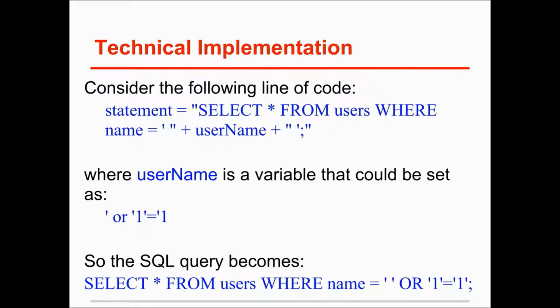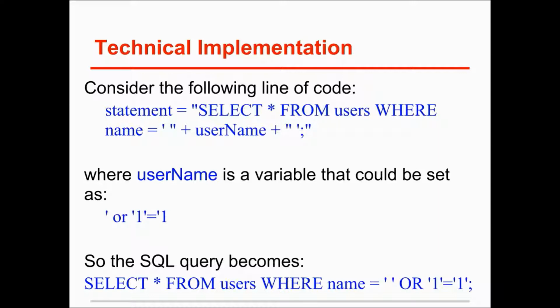So consider the following line of code, where the statement equals select anything from the table users where the name equals the variable username, and here the username variable could be set as blank or 1 equals 1. As a result, the SQL query will become select anything from the table users where username equals any random thing or 1 equals 1.